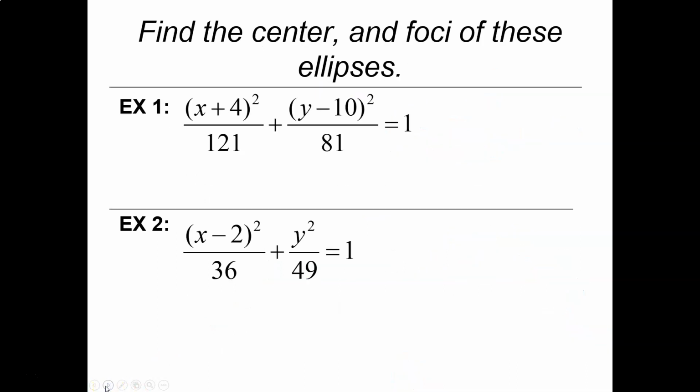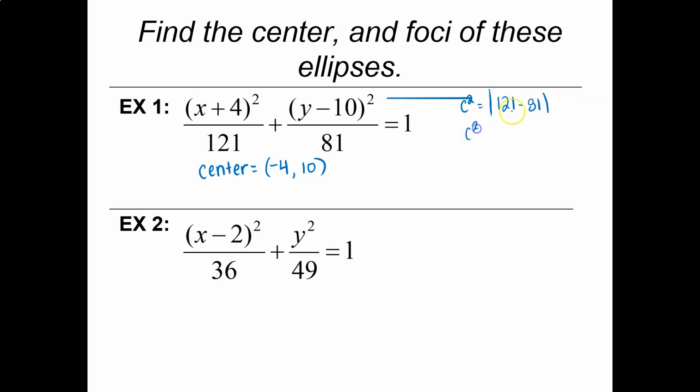Okay, so we want center and foci of these ellipses. So, Manuel, if we're looking at the first one, what's our center? -4, 10. Very good. And so to find my focal length, I'm going to say c squared equals the absolute value, and I just subtract these denominators, 121 minus 81.